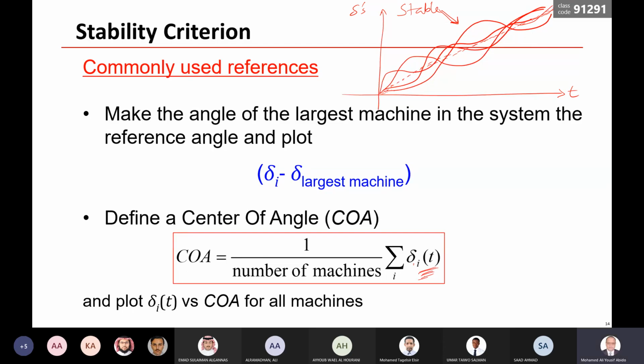So in this case, you can see the angles are going around the center of angle. The angle difference decreases, right? So the system becomes stable. This curve is similar to this curve.